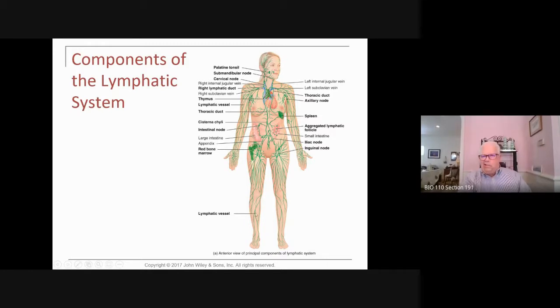Here are your vessels. Here is your bone marrow. Here is your spleen. And here is your thymus. Those are the basic elements of your lymphatic system. We will talk more about them in greater detail.